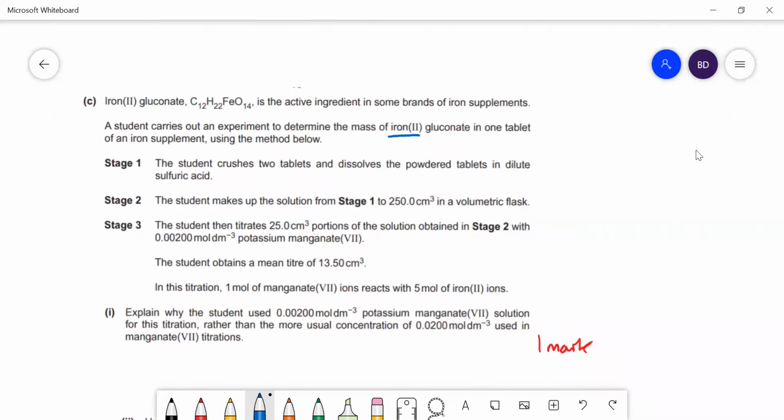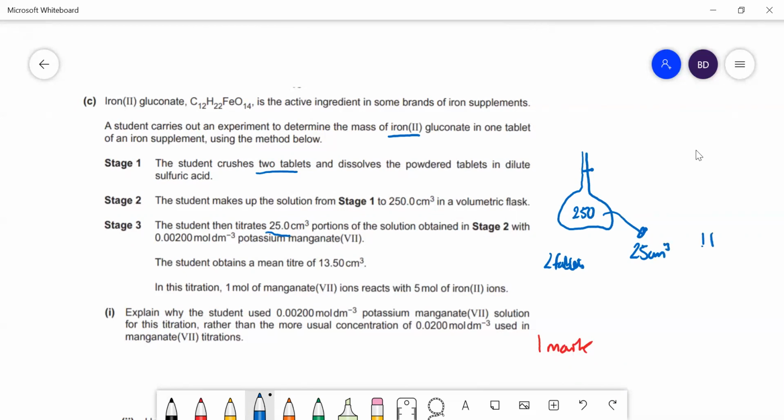The student crushes 2 tablets and dissolves the powder in sulfuric acid. So you get 2 tablets in and that's made up to 250 in a volumetric flask. So we've got 2 tablets in 250 centimeters cubed. They take out 25 centimeters cubed of that, a tenth.